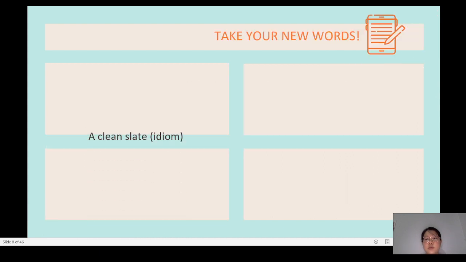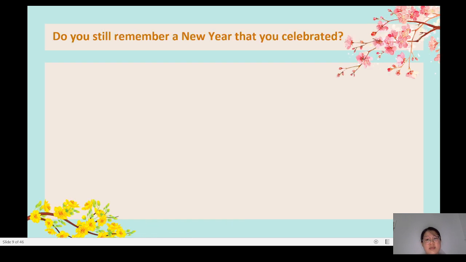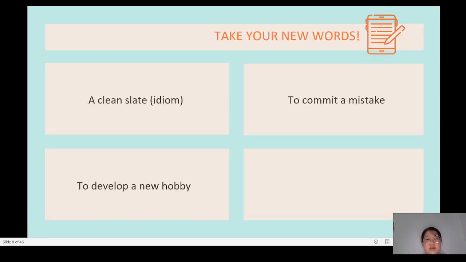Then we move to the new words part. You can see here, a clean slate. Oh, one thing that's really important. I want to share with you that in the speaking test in IELTS, you should use more idioms and phrasal verbs. It means that you speak naturally, and then the examiner can give you a higher score band.